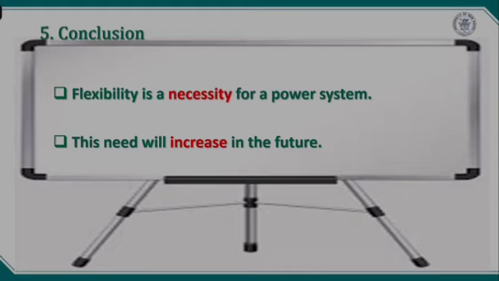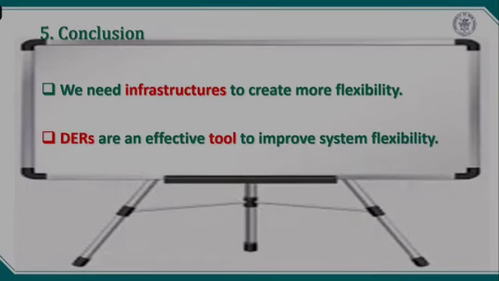On the demand side, they are known as distributed generation units, and on a larger scale, we have solar farms and wind farms. The second conclusion, excuse me, previous one.